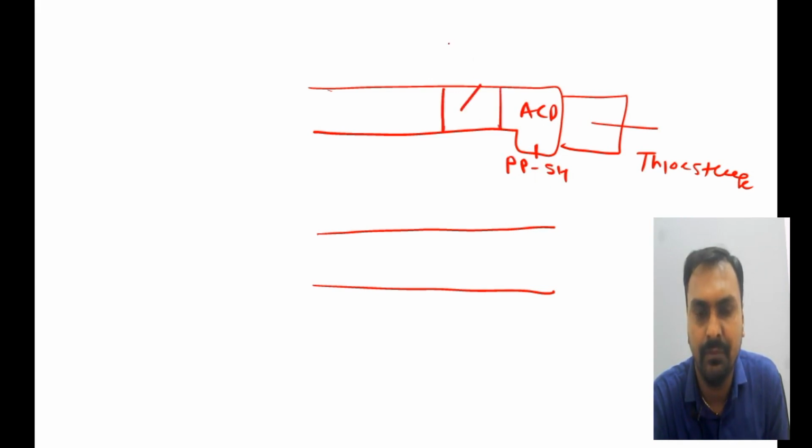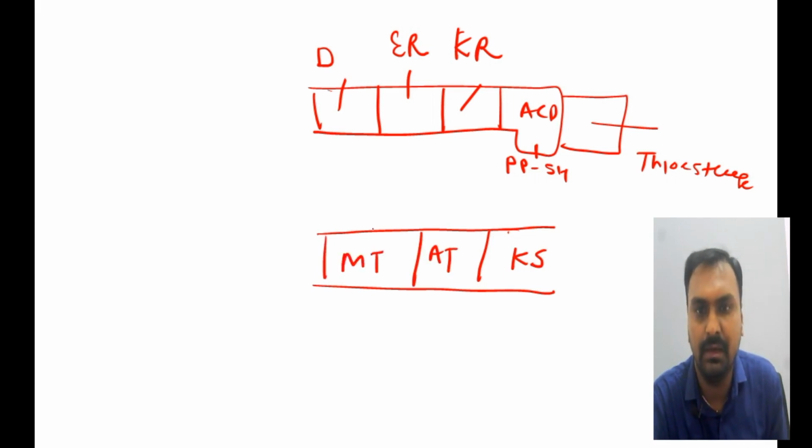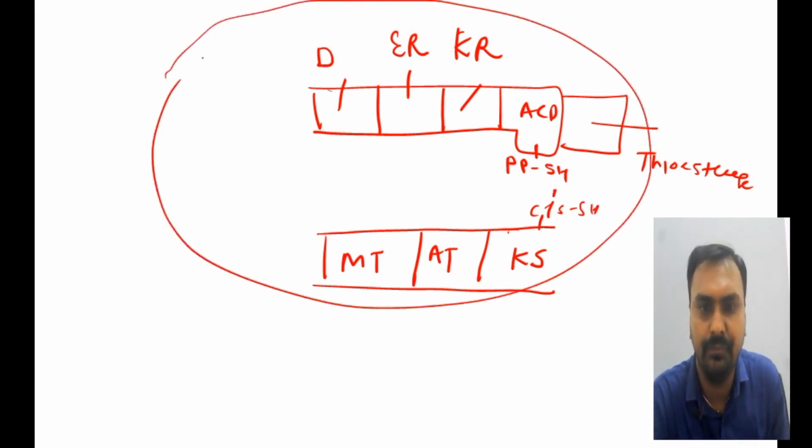Here there is a ketoacyl reductase, this is enoyl reductase, and this is dehydratase, and this portion contains ketoacyl synthase, acetyl transacylase, and malonyl transacylase. Ketoacyl synthase contains a cysteine residue, and this is the functional unit of fatty acid synthesis.